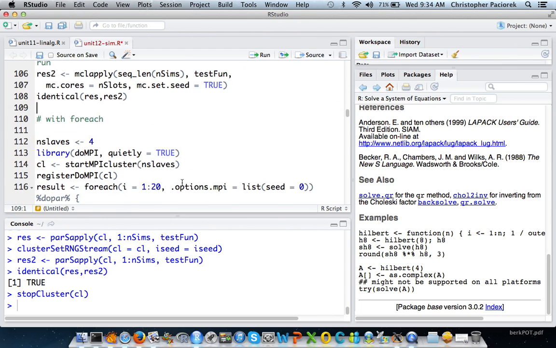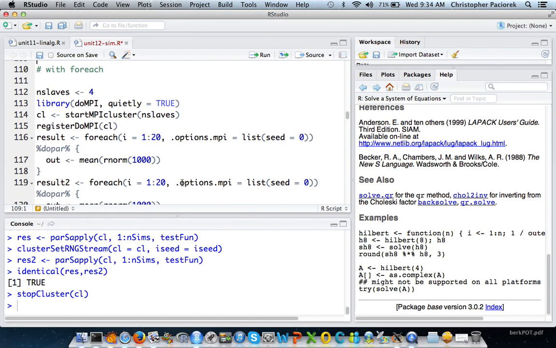I also provide some template code of how you would make sure that, if you're using foreach, you're going to get distinct subsets of random numbers. And going back to Darren's question, there's also this issue that might arise with foreach.